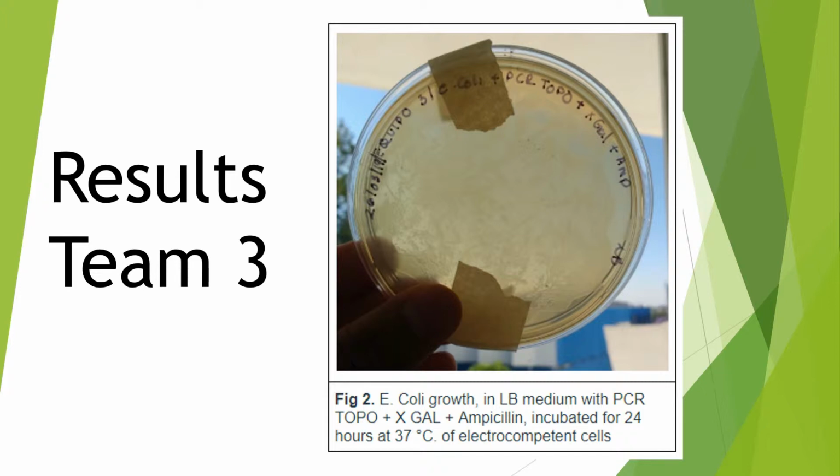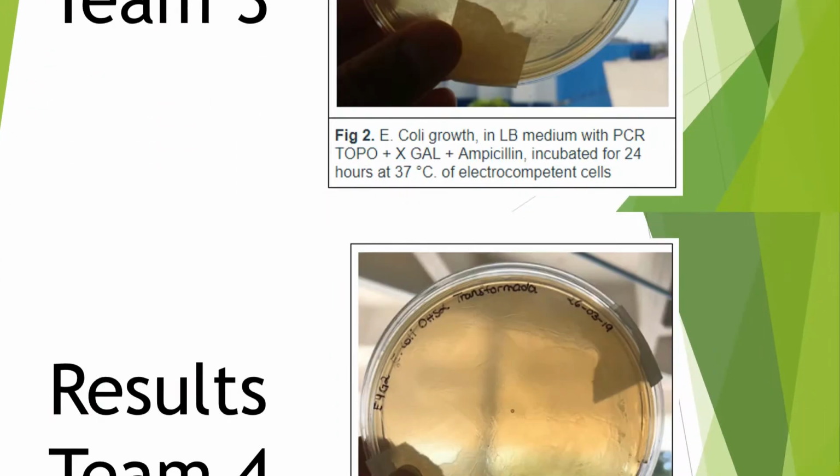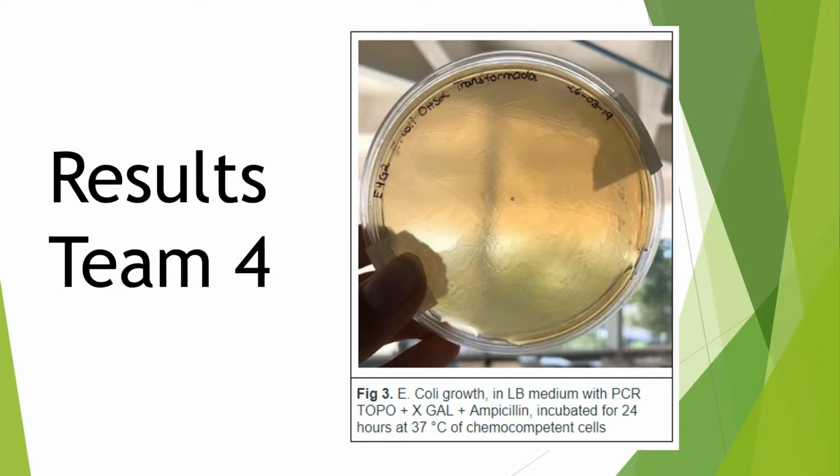They observed 0 blue colonies and uncountable white colonies. From the results of Team 4, Figure 3, a plate in LB medium with PCR-TOPO plus X-gal plus ampicillin, incubated for 24 hours at 37 degrees of thermocompetent cells. They observed 0 blue colonies and uncountable white colonies.